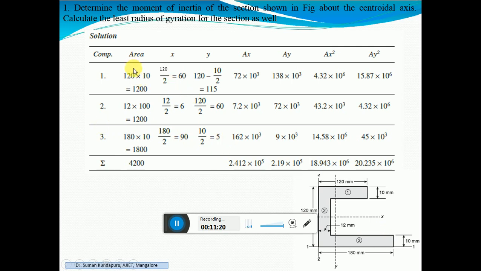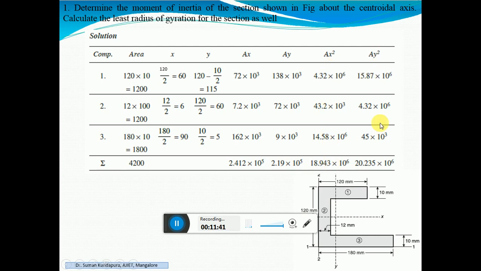Now find out what is AX, AY, AX square, AY square. Calculate each one of those and write the respective values. Sum up everything, similar to the case of centroid.